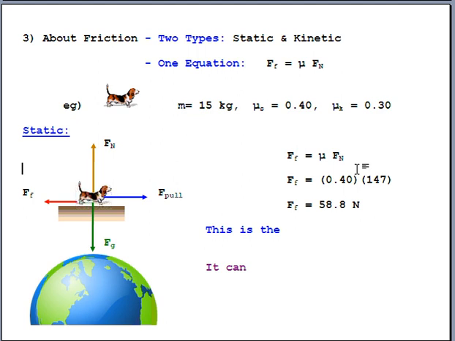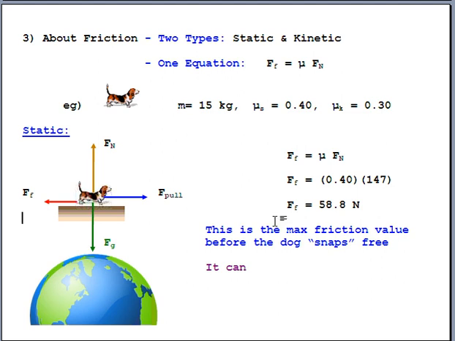But what does that mean, right? At first glance, you might think it's saying, well, the force of friction is 58.8 newtons, but it's not true. It might be, but it doesn't have to be. This number that you calculate in the static story is actually just a warning. So I'm going to put in here, this is the maximum friction value, stuck friction value, that the dog can have before the dog's feet snap free from the ground.